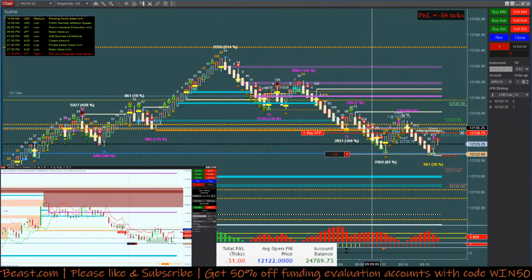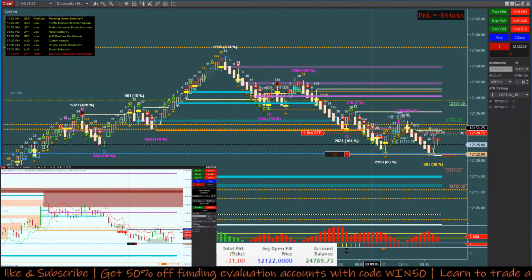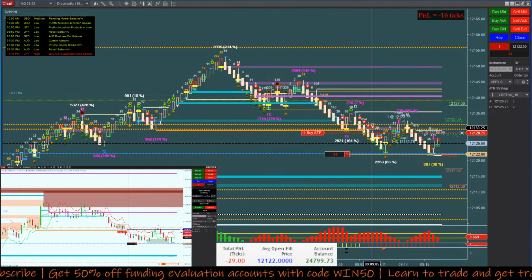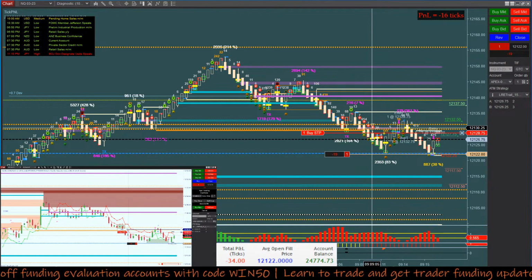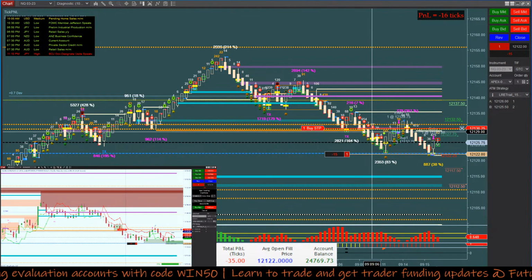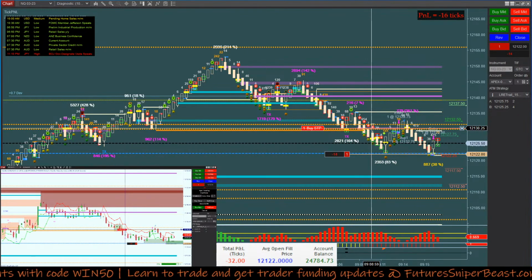Man, that was just a key level. Potential TX on NQ. Yeah, I'm going to have to give this one a little more room behind this mini magnet, dynamic magnet.